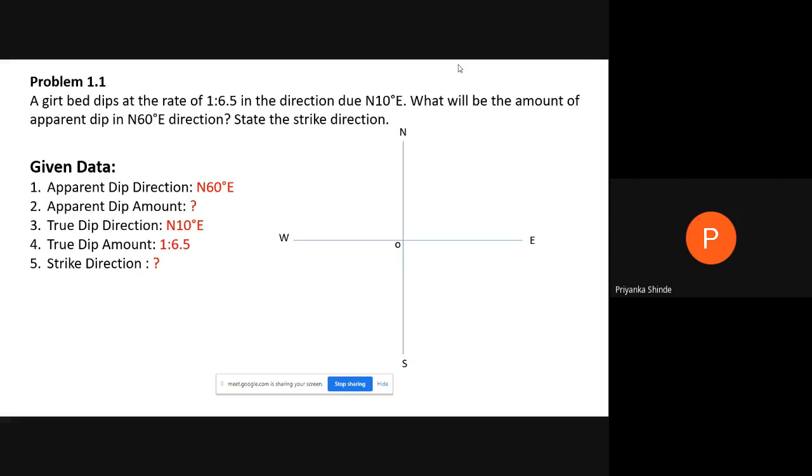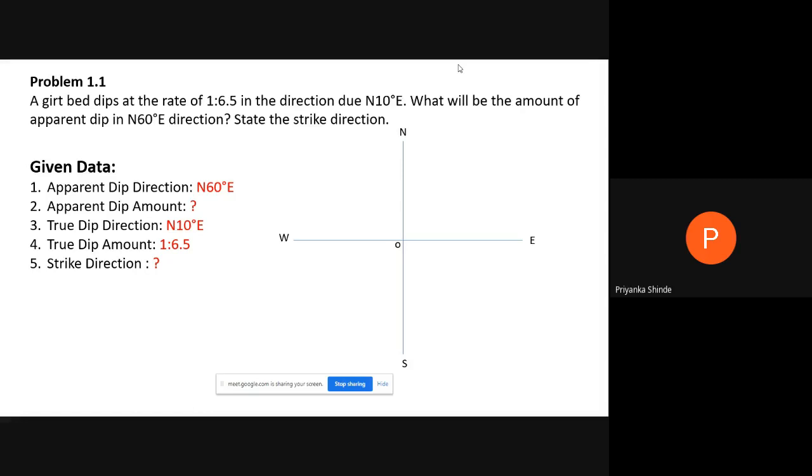The two lines are the north-south and east-west directions, meeting at point O, the origin or center. Then first we will mark the given angle. There is a geological bed dipping at the rate of 1 in 6.5 in north 10 degrees east. To measure the angle, from north it is 10 degrees east.